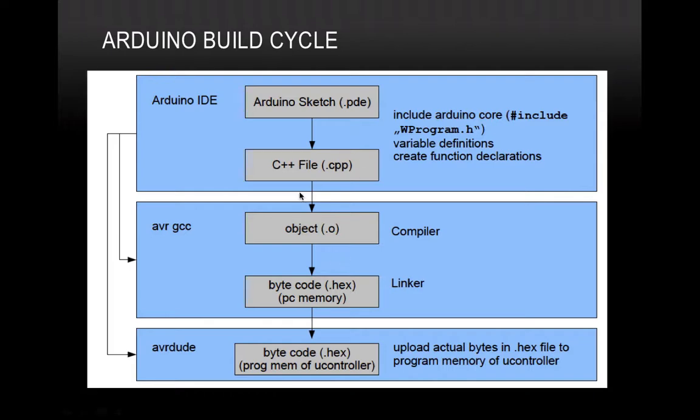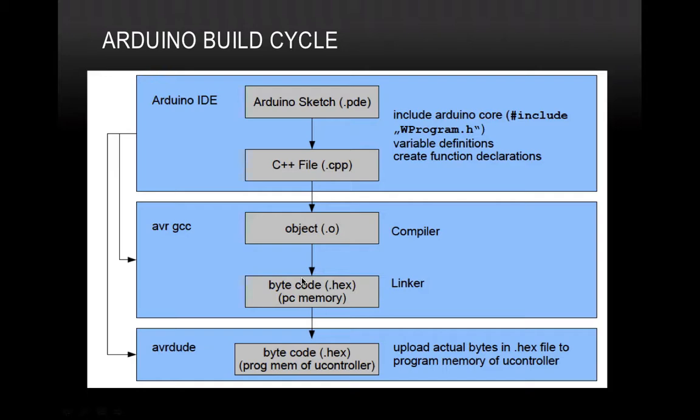And once you get these object codes, they are linked together to create an executable file for the microcontroller, which we call a hex file, and we refer to that as a bytecode.